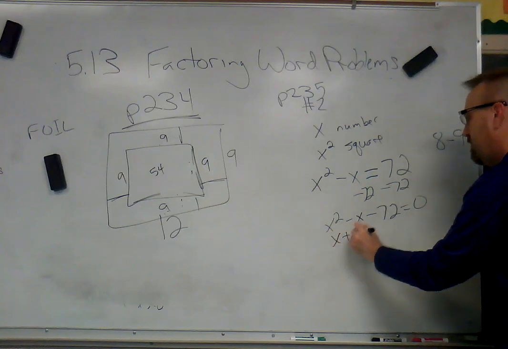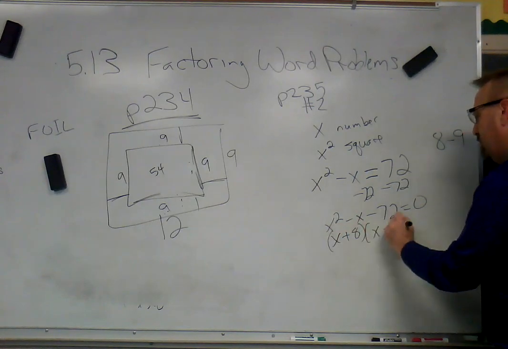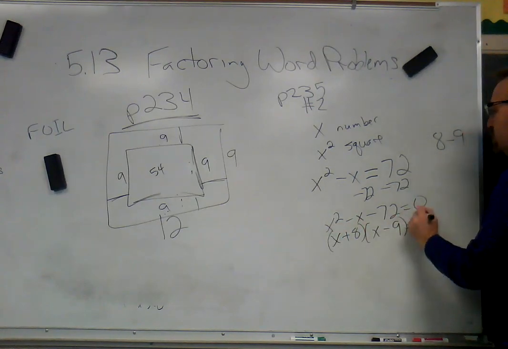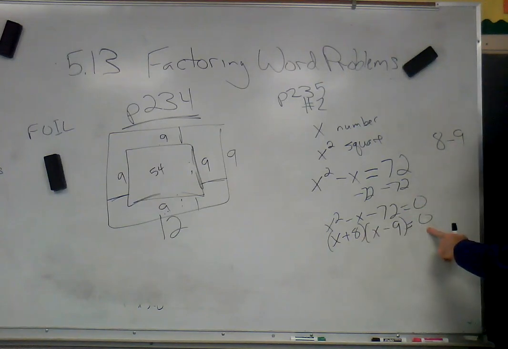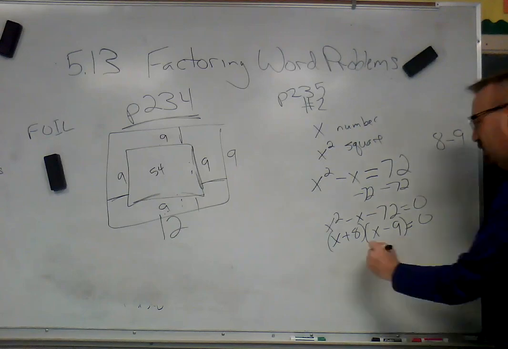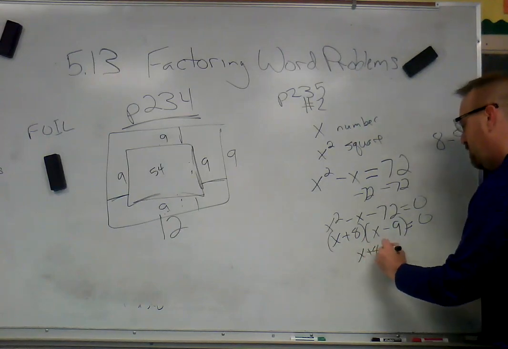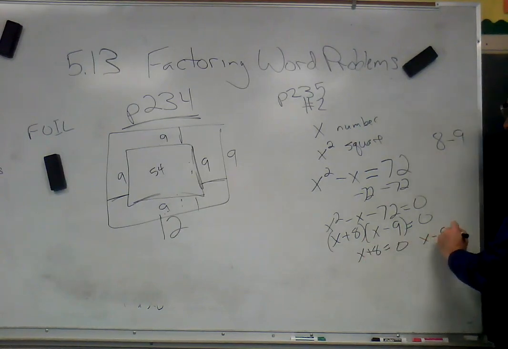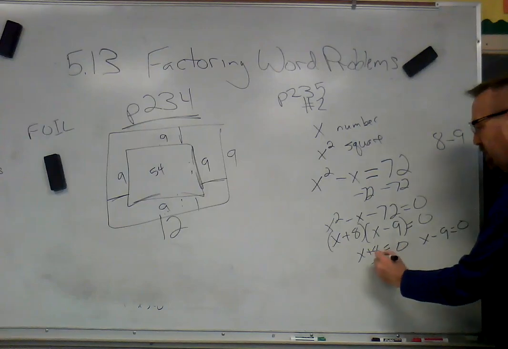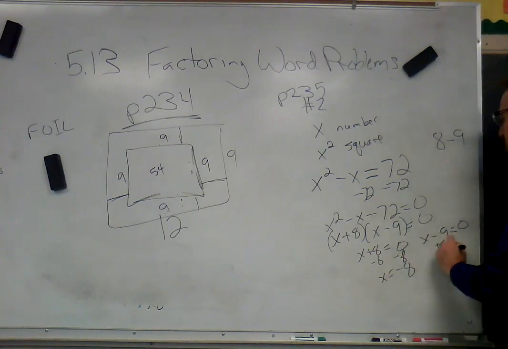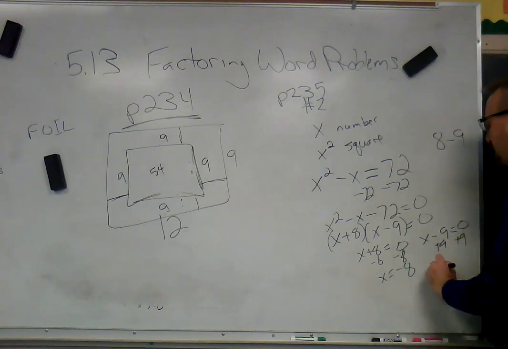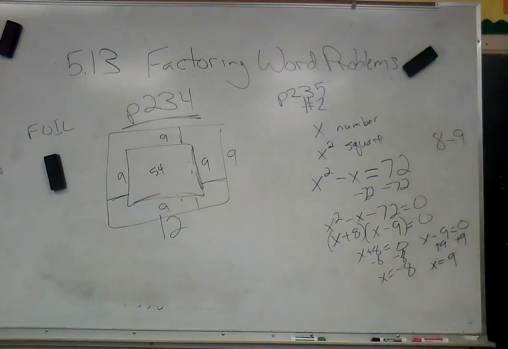So x plus 8, x minus 9 equals 0. What do we do with each factor then? So x plus 8 equals 0, x minus 9 equals 0. So x could equal negative 8, or x could equal positive 9.